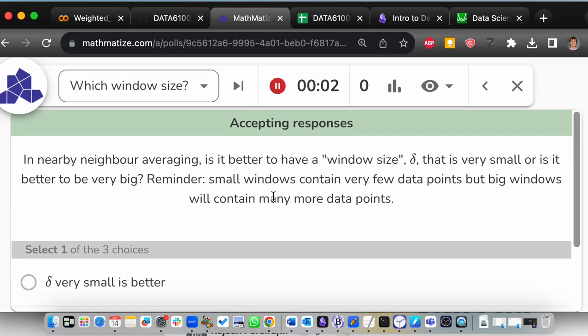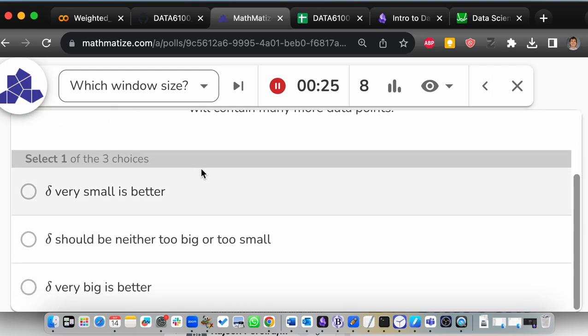I call the window size delta. Delta is the Greek letter for D. So D stands for distance, the distance between the point and the edge of the window. So is it better to pick a small delta or a big delta? And remember, small windows contain very few data points, and big windows contain many more data points. So what is better, a small delta or a big delta?